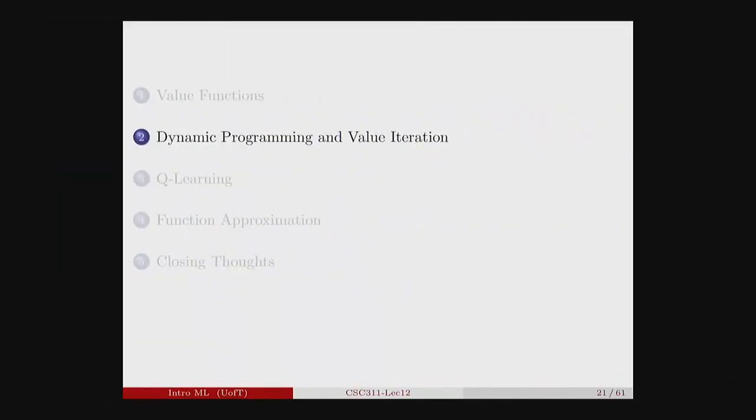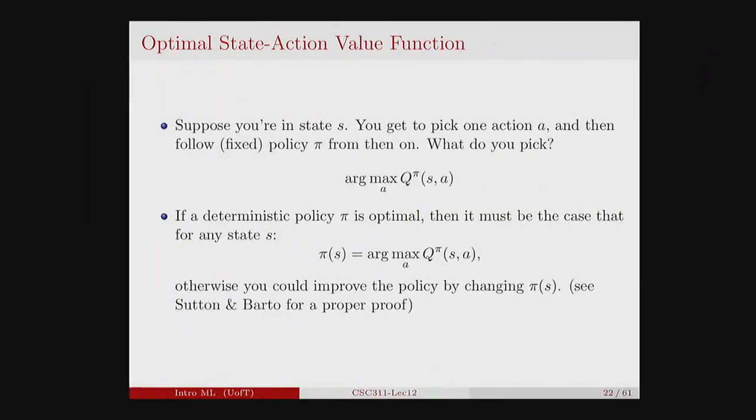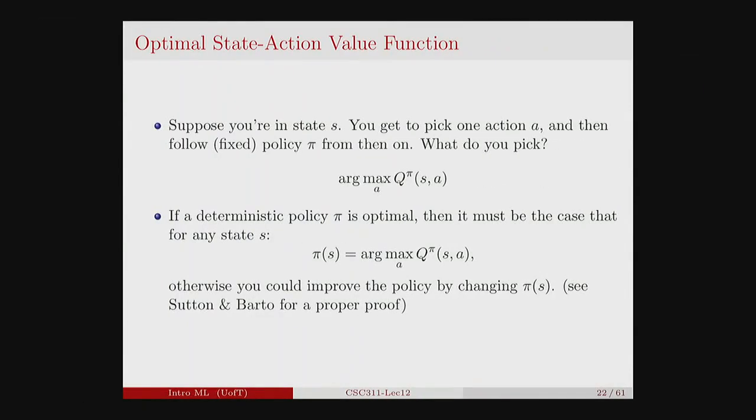Okay. And with that, we're now ready to talk about how we can actually think about planning using this Q matrix. So remember, this Q matrix is all of the states times all of the actions that you could take in each of the states in dimensions. And suppose that you're in some state S. You get to pick one action A and then follow some fixed policy pi from that point on. What action do you pick? Well, the Q matrix tells you the reward associated with picking any action from any state.